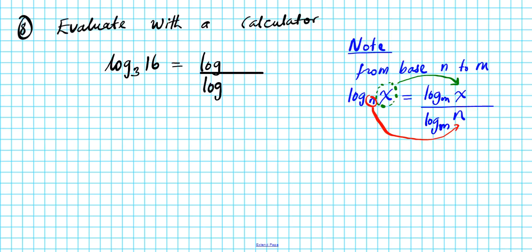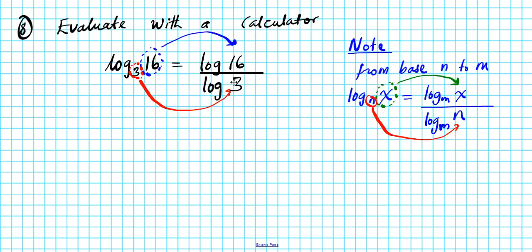So you take the logarithmic argument, namely 16, that goes on the top. So you have 16 divided by what? You take the base, okay, and then you stick that in the denominator, 3.